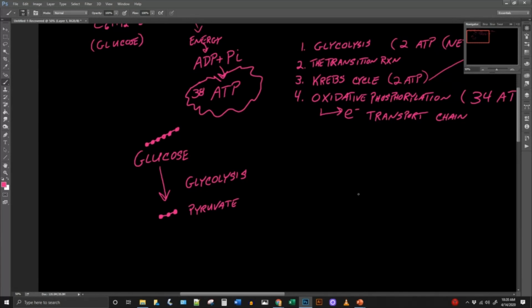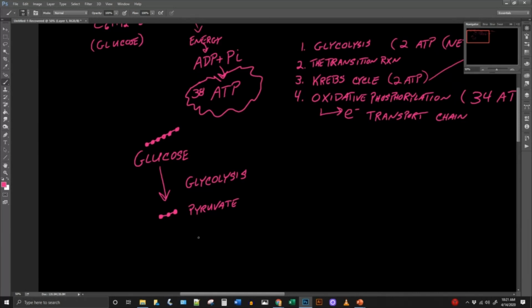Now, in some sources it'll say pyruvic acid, talking about the same molecule, pyruvate, pyruvic acid. When you see -ate, that's just the conjugate base of that acid. So it's the same kind of molecule, just with or without an extra hydrogen attached to it.